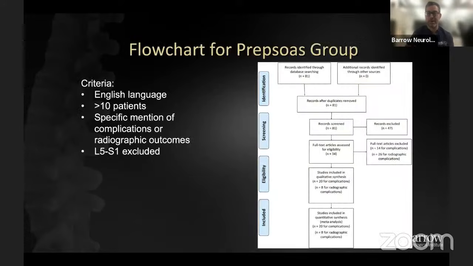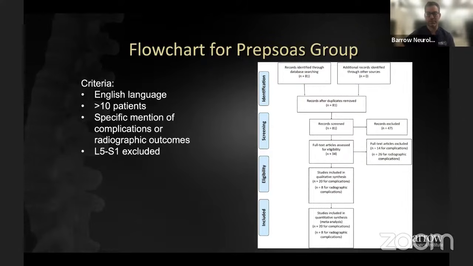So here's the systematic review, and this is for the pre-psoas papers. Out of an initial 81 records that were identified, you see our criteria here, all in English. We only included papers with greater than 10 patients, so we removed case reports or small case series, and they had to include specifically complications or radiographic outcomes.